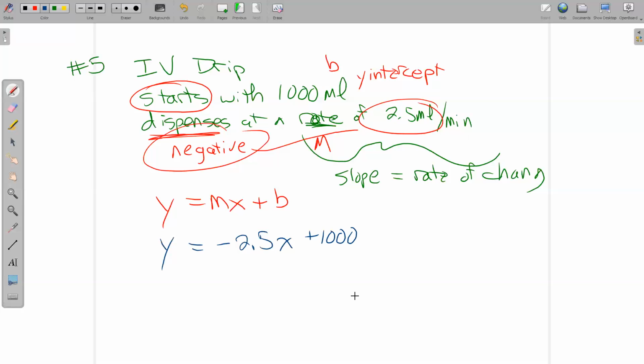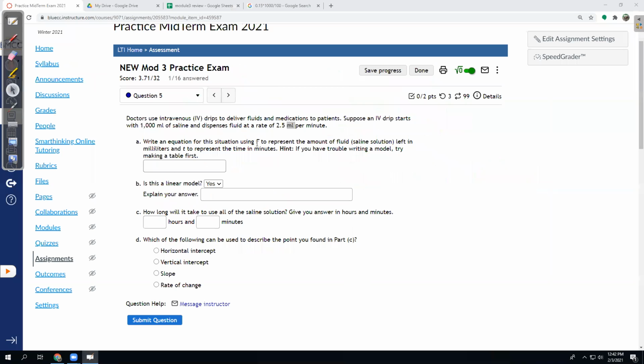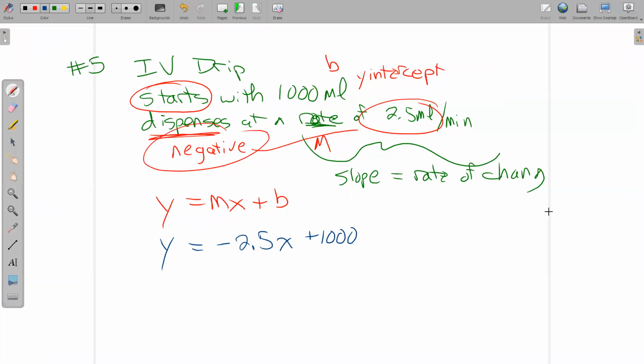And then I should check what variables they want me to use. F for fluid, okay, I'm using y, so I'll have to switch that, and then T for time in minutes. Okay, so let's fix that. So they want it as F equals negative 2.5 T plus 1,000.